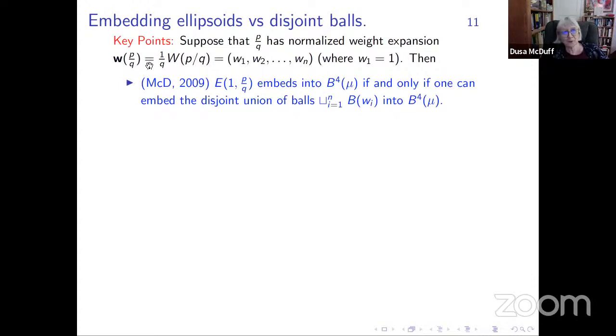So the volume of this ellipsoid is the same as the volume of the corresponding squares. And you can prove, this is what I proved, that an ellipsoid E(1, P over Q) embeds into a ball if and only if you can embed the disjoint union of the balls into the ball. And that was basically done by resolution of singularities and J-holomorphic curves, and I can't go into that.